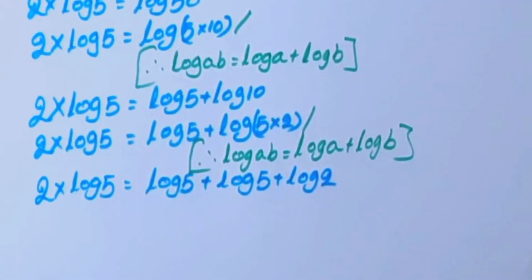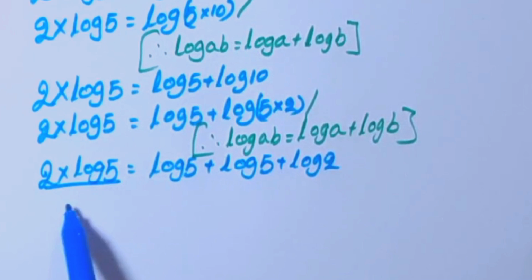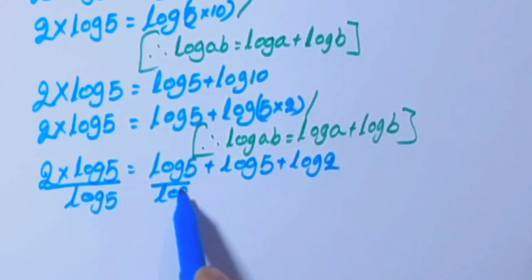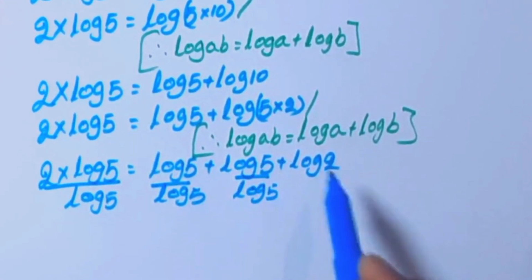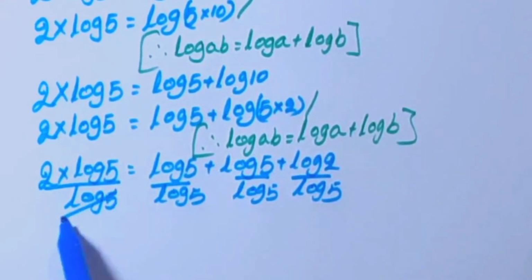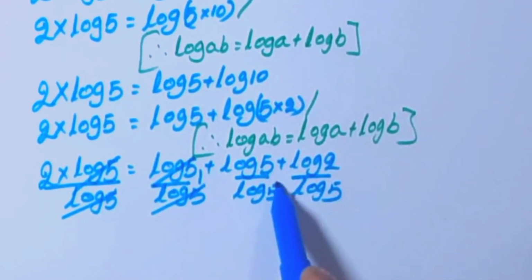Now divide by log 5 on both sides. So we'll get log 5 here, here log 5, log 5 here, here log 5. So this log 5 cancels this, this cancels this, here it is 1, this cancels this, so here 1.